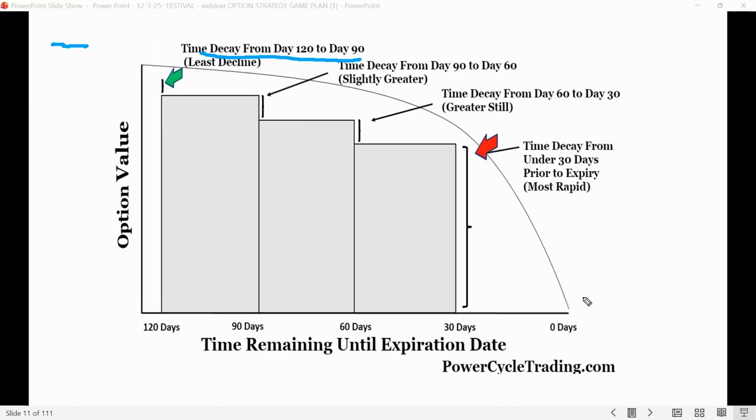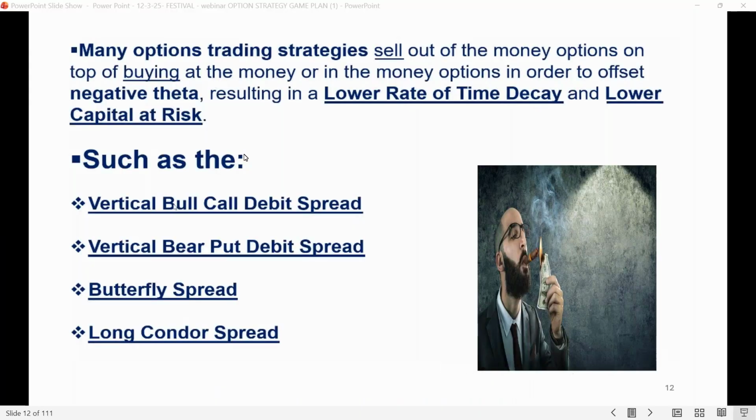Now, as we get closer to day 0 where it expires, about 30 days out is when things really start to accelerate as far as time decay. And now we have daily options and weekly options. So there are a lot of different option strategies we can use to take advantage of this accelerated time decay, which, again, at the end of the duration period is going to be 0. These are important things to understand when you're trading options.